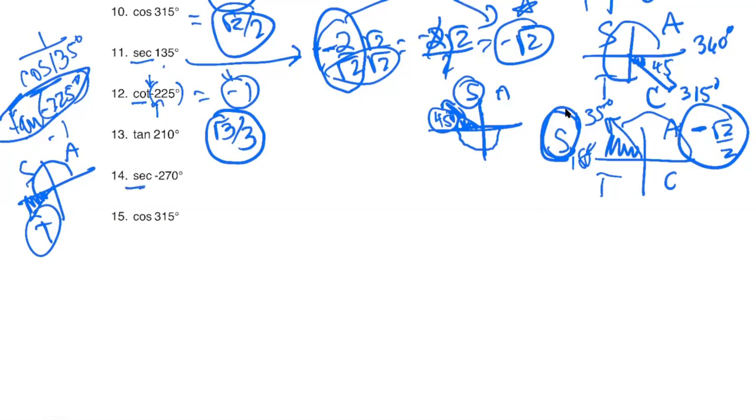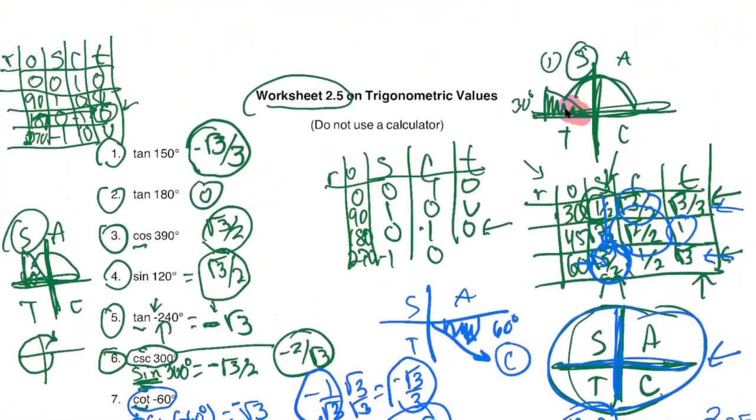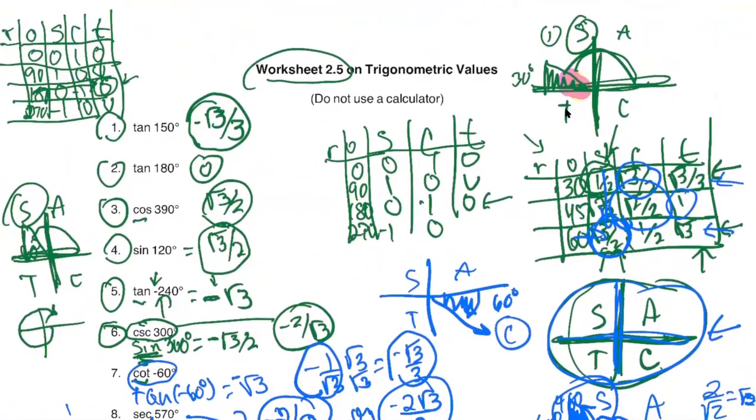Secant of negative 270. I'm going to find the cosine of negative 270 and flip it over. So I'm going to go negative 270, which is coterminal with 90. I'm going to look up the cosine of 90. I actually don't use the unit circle chart. I totally understand what's happening up here at 90. And in class today, some of you showed the same thing.